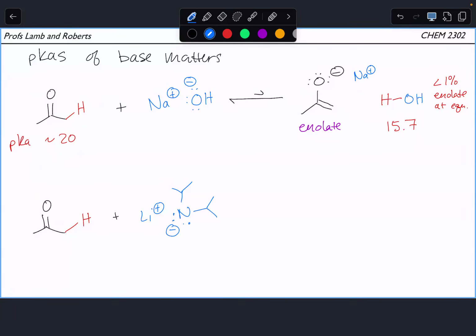So negatively charged nitrogen, right? We've talked about how negatively charged nitrogen is very not happy. So it's super reactive. Okay, so this is called LDA.